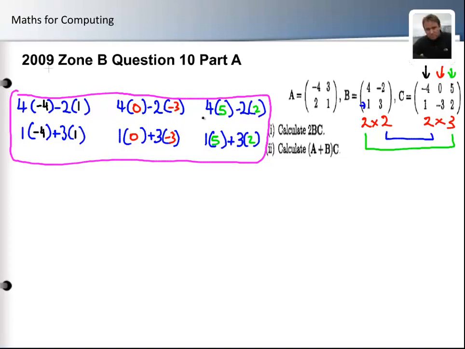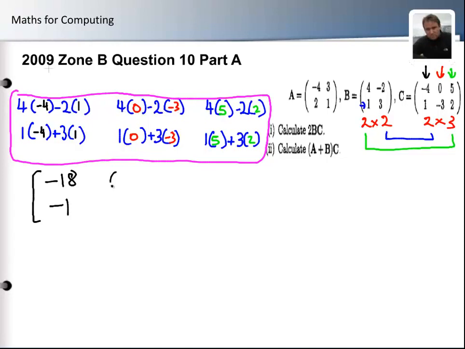Now we just have to evaluate all of those 6 terms. We get minus 16 minus 2 times 1, that is minus 18. Minus 4 plus 3 is minus 1. 4 times 0 is 0.